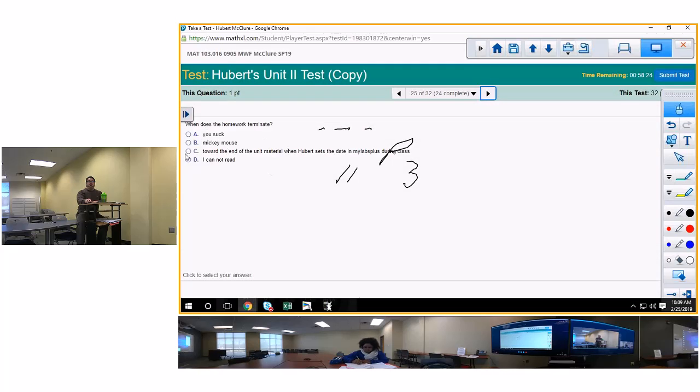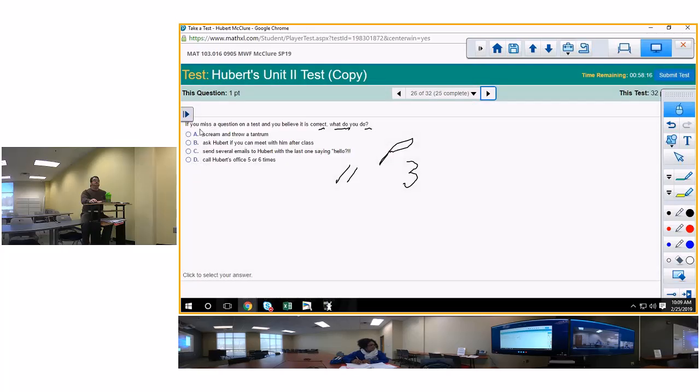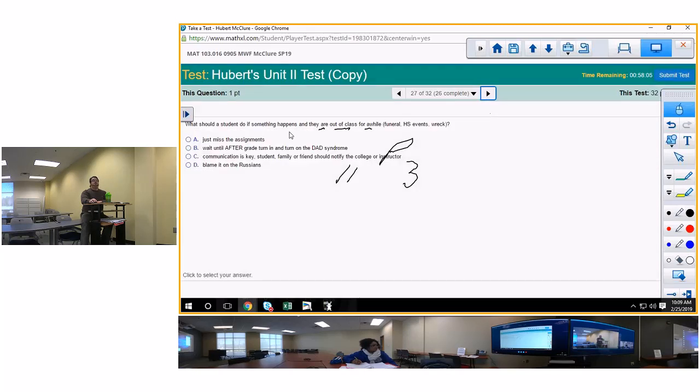When does your homework terminate? Duh. I like that you put I cannot read on there. If you miss a question on a test and you believe it is correct, what should you do? Throw a temper tantrum. What should a student do if something happens and they are out of class?